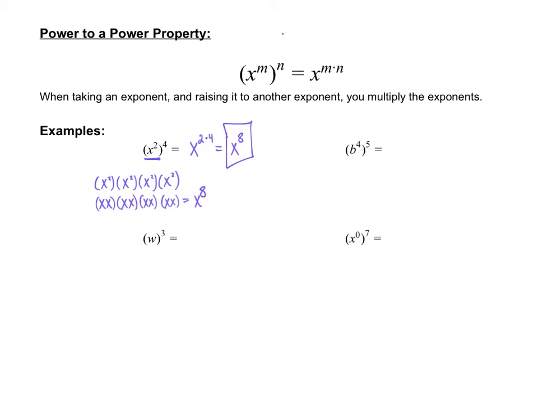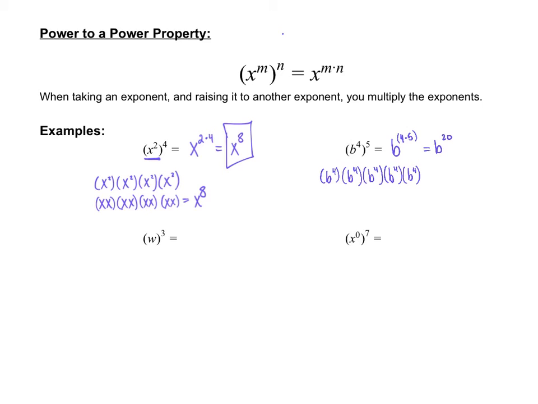Second one, b to the 4th raised to the 5th. If I know my exponent properties, I just multiply 4 by 5 to get b to the 20th. But to fully expand it out, we're taking b to the 4th, and that's being multiplied by itself 5 times. So b to the 4th times b to the 4th times b to the 4th times b to the 4th times b to the 4th.